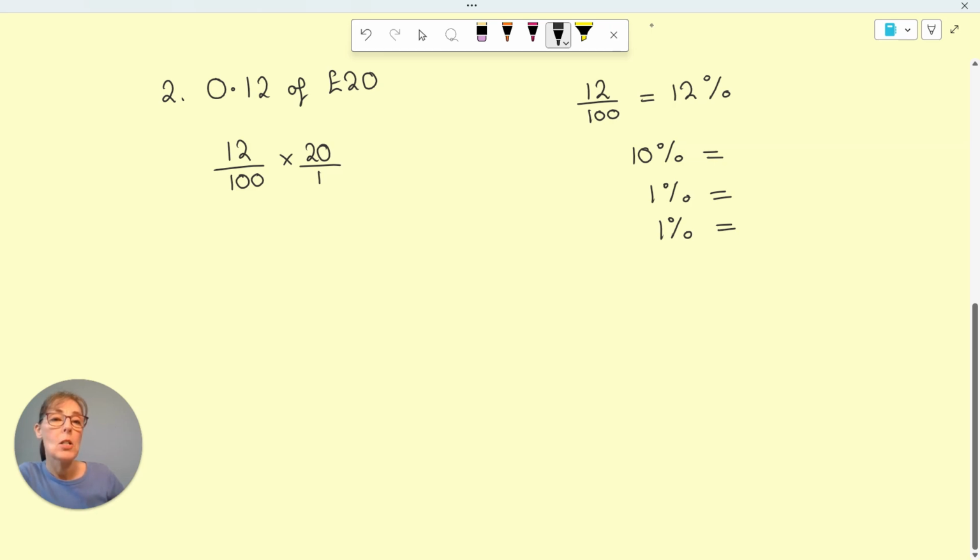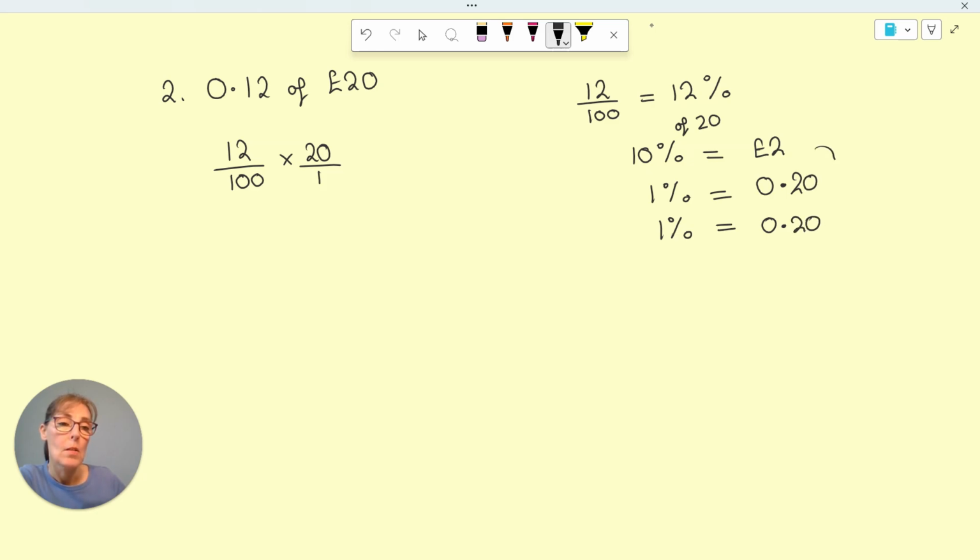So 10% of £20 is £2. 1% of £20, you have to divide by 100. So I'd do 20 divided by 100, which is 0.2, and another 0.2. And in money, that means 20 pence. So that together makes £2.40.